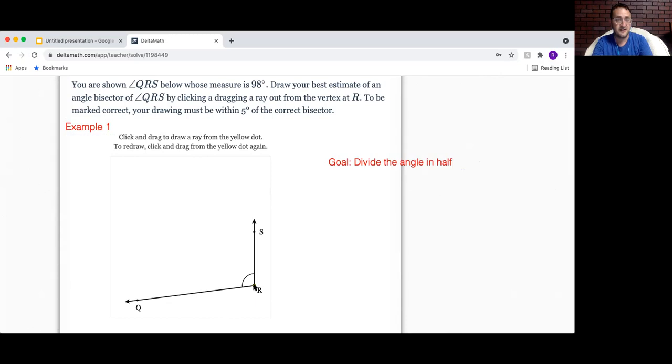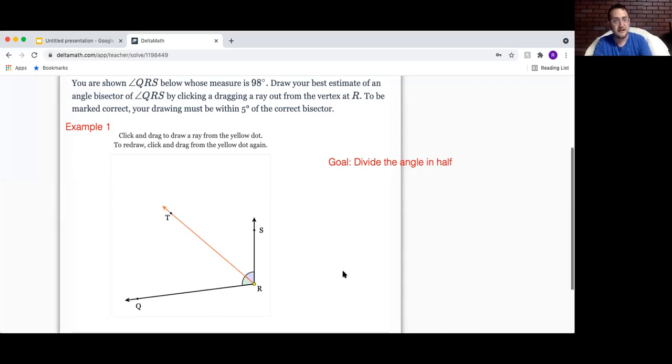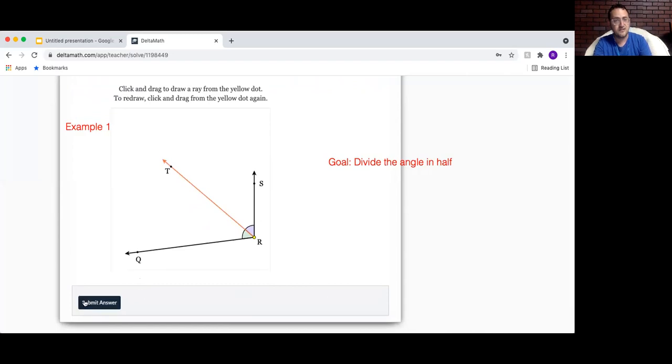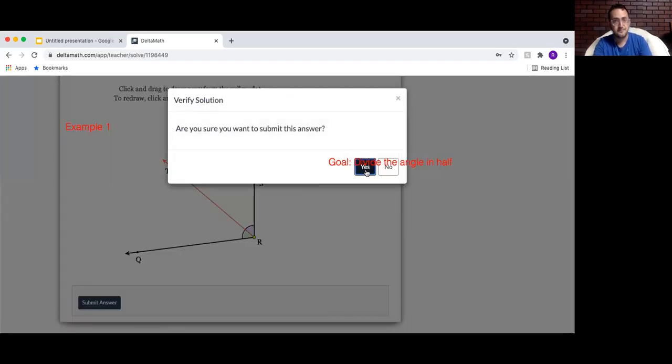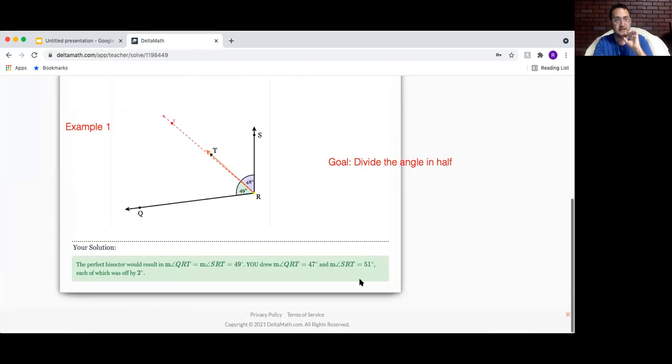So I'm going to start at angle R, and I'm just going to drag outward here, and I'm going to try to get it so that it is exactly in half or as close as possible. So it says click and drag, and we will submit. And that is correct.